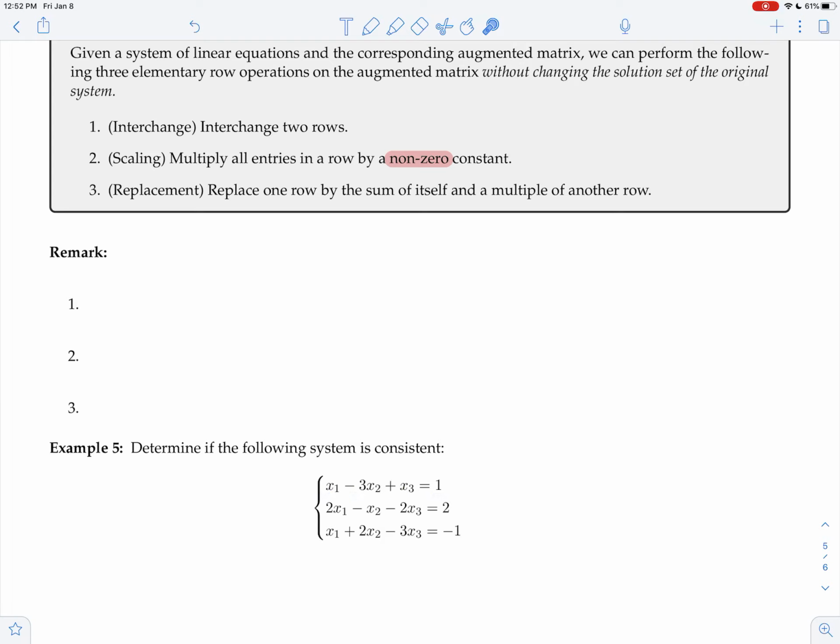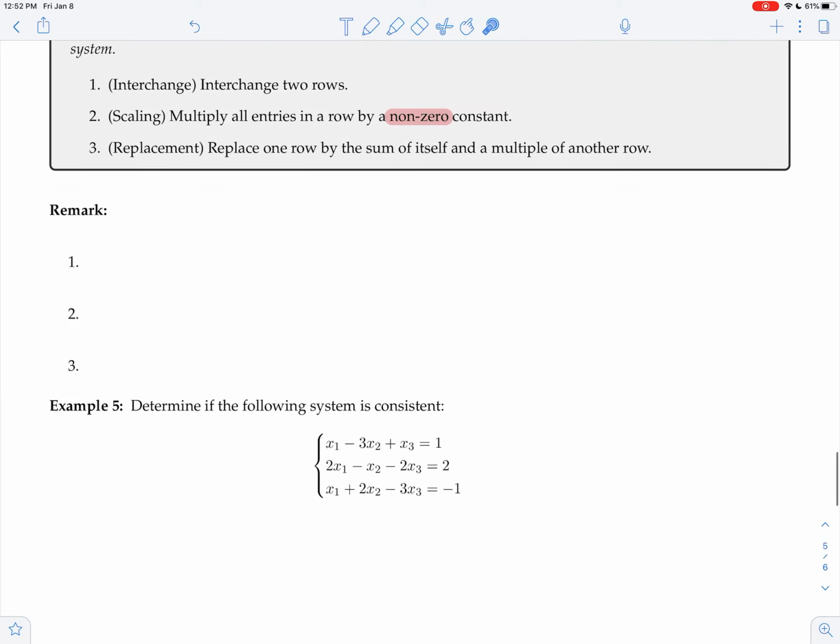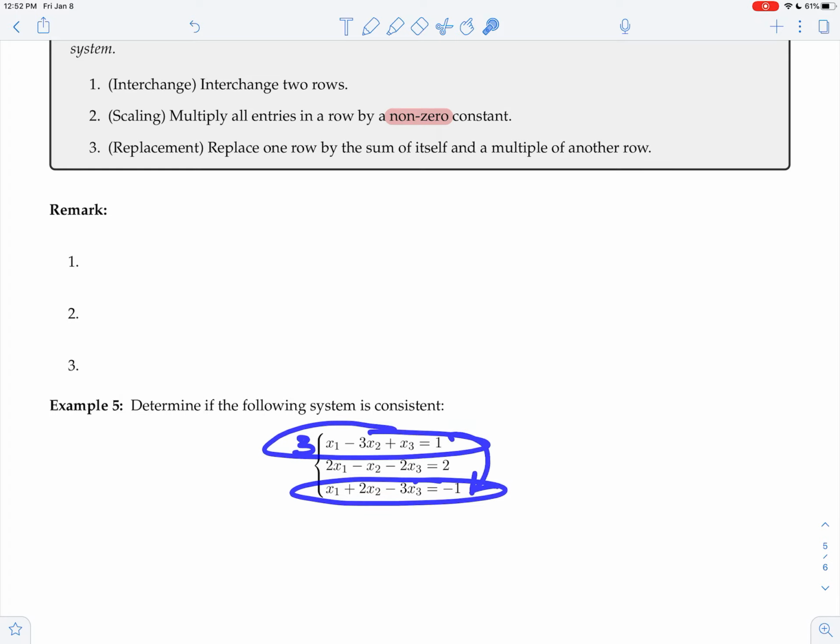Okay, the trickiest one is the third elementary row operation. And here's what you can do. You can replace a row by the sum of itself and a multiple of another row. So what am I saying? I'm saying you can replace this row by saying 3 times the first row and then adding it to this row.